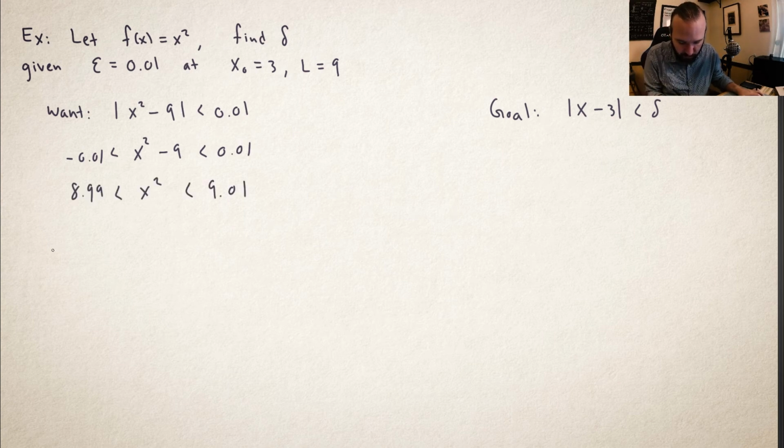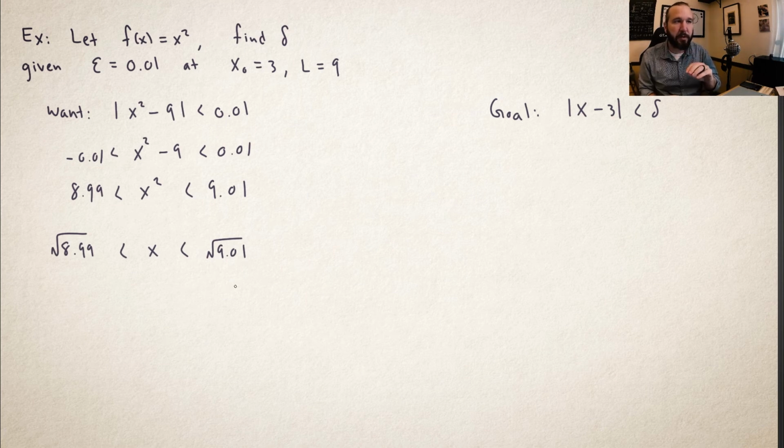Okay, now let me square root everything. This is possible because the square root is a strictly increasing function, so I can always apply it to both sides of an inequality. And remember, the goal is to try to get x minus 3. So I'll subtract 3 from both sides. So I guess subtract 3 from all 3 sides, as it's a compound inequality.